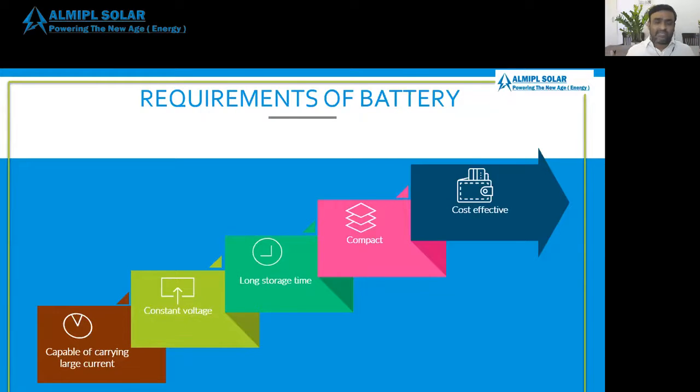In our domestic purposes we are using alternating current, because alternating current can be transferred from one place to another, over larger distances. We can't transfer DC current over a larger distance. For that reason, we are using alternating current.